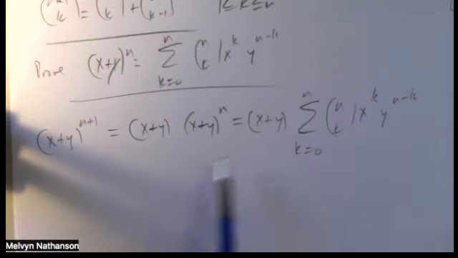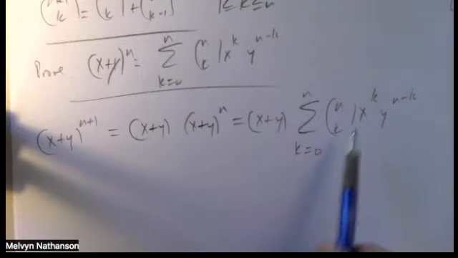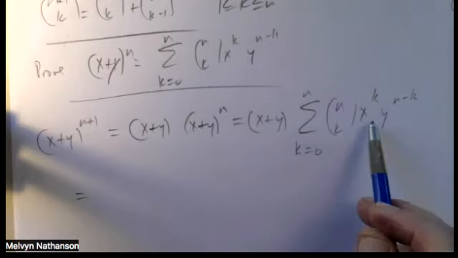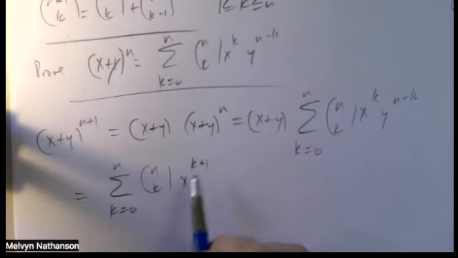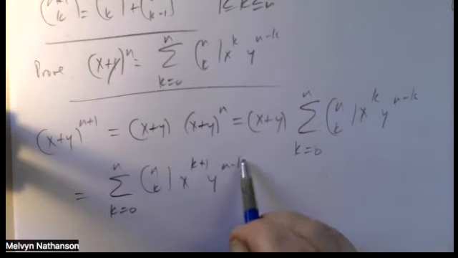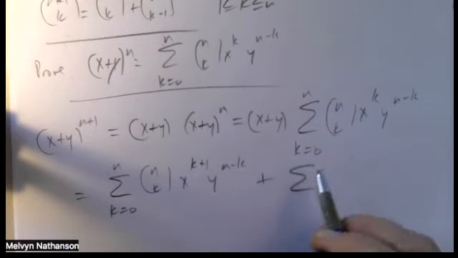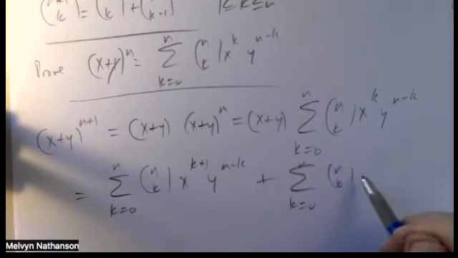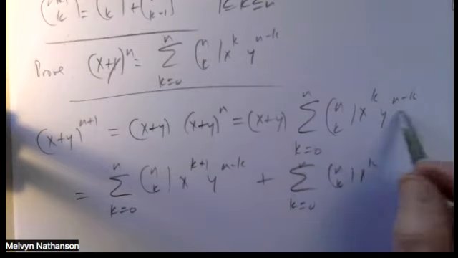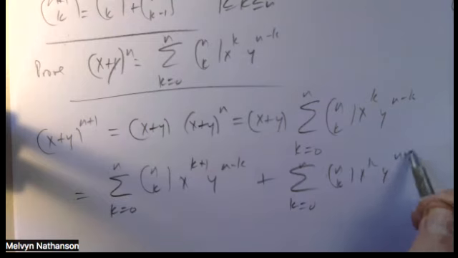If I just distribute, this is x times this sum plus y times that sum. So x times this sum is the summation, k goes from 0 to n, of n choose k, x to the k plus 1, y to the n minus k, plus the summation, k goes from 0 to n, of n choose k, x to the k, y to the n plus 1 minus k.